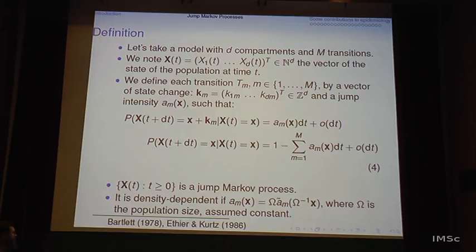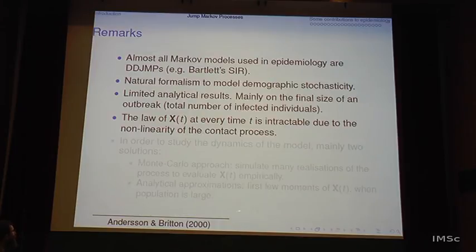If you look at all the transitions, there is something multiplied by a compartment, and a compartment can be scaled in terms of the population size. So almost all Markov models used in epidemiology are density-dependent jump Markov processes. That's the natural formalism to model demographic stochasticity.